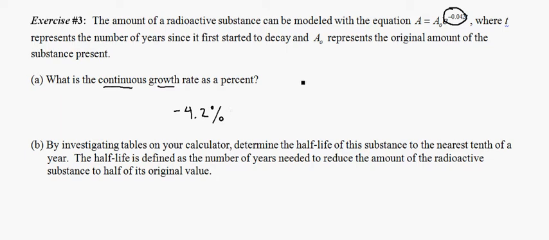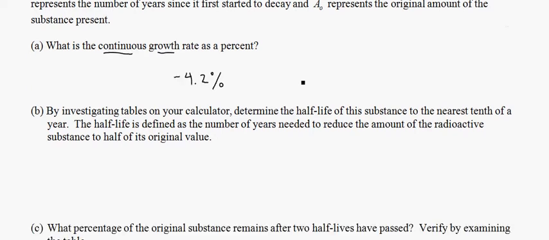The great thing is that, of course, if you've got a negative growth rate, continuous or not, what it means is that your amount of substance or population or whatever is going down, right? It's decreasing continuously at negative 4.2% per year.